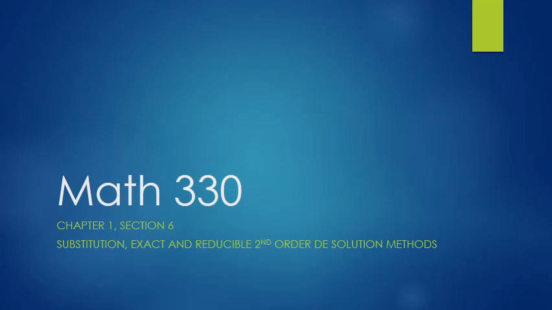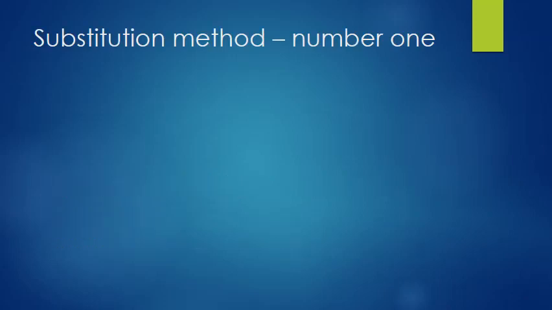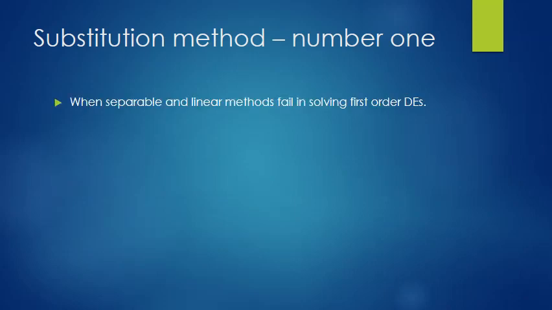All right. Started. The first substitution method. It really doesn't have a name. I just call it method number 1. And basically, why are we doing these substitution methods? You'll run into some first order equations where they are not separable and they are not linear, and the methods that we have learned so far fail at solving these differential equations.